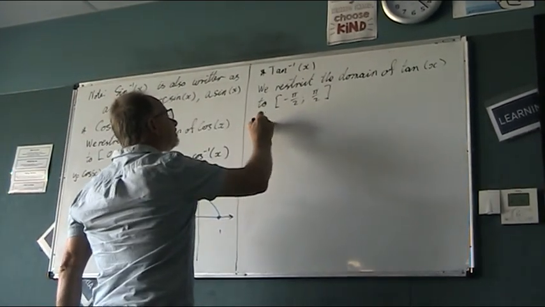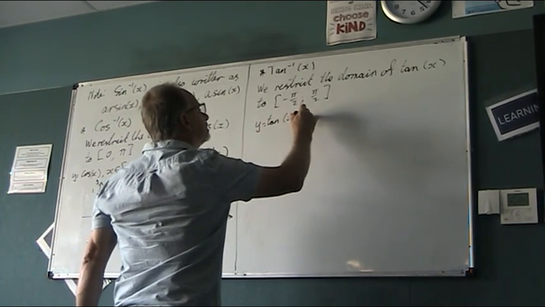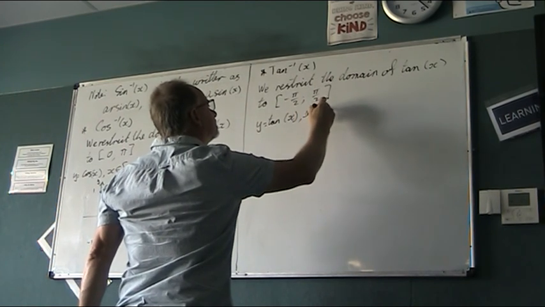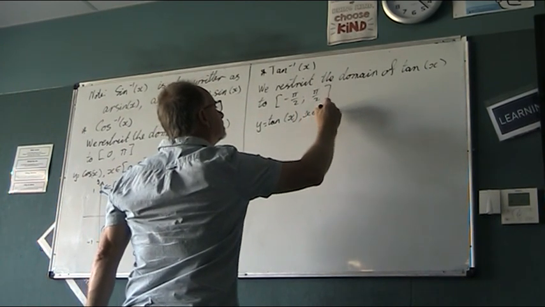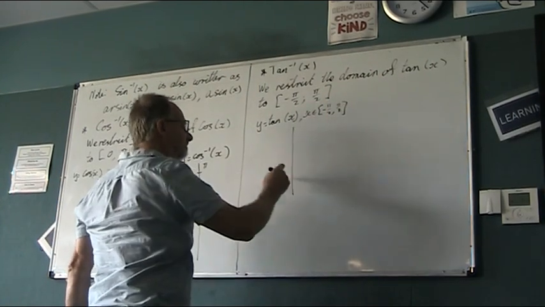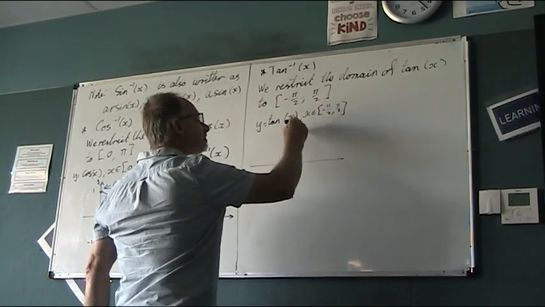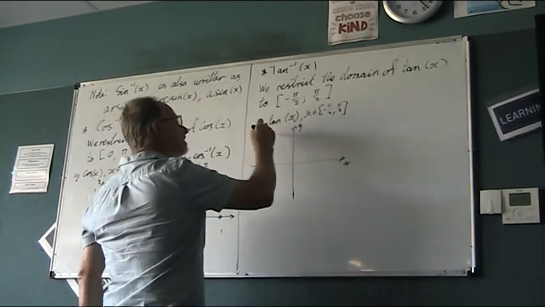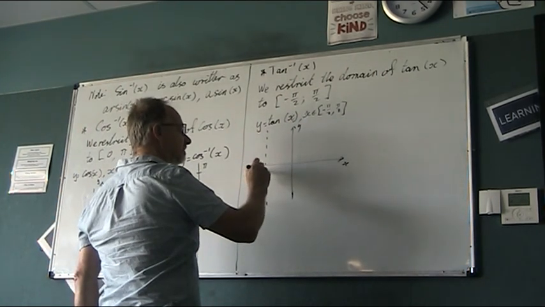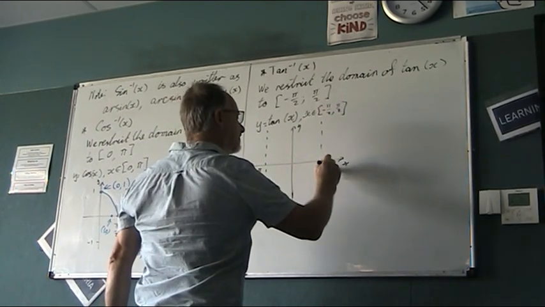All right. So that's in between our asymptotes. There's one at negative pi on 2. There's one at pi on 2.